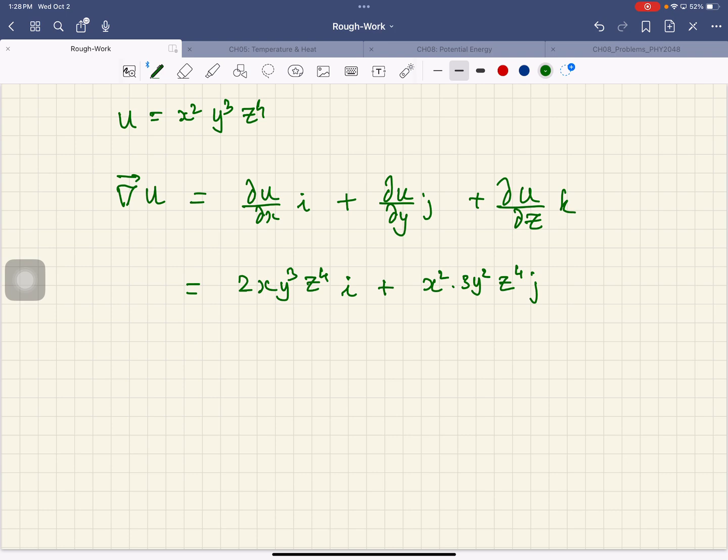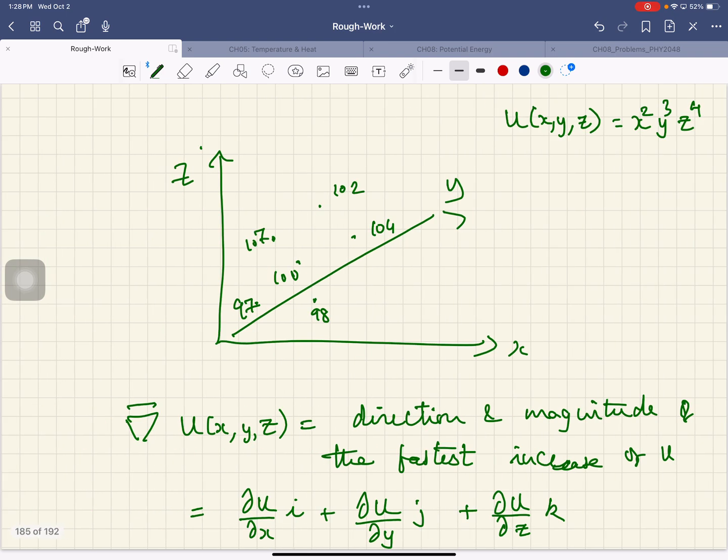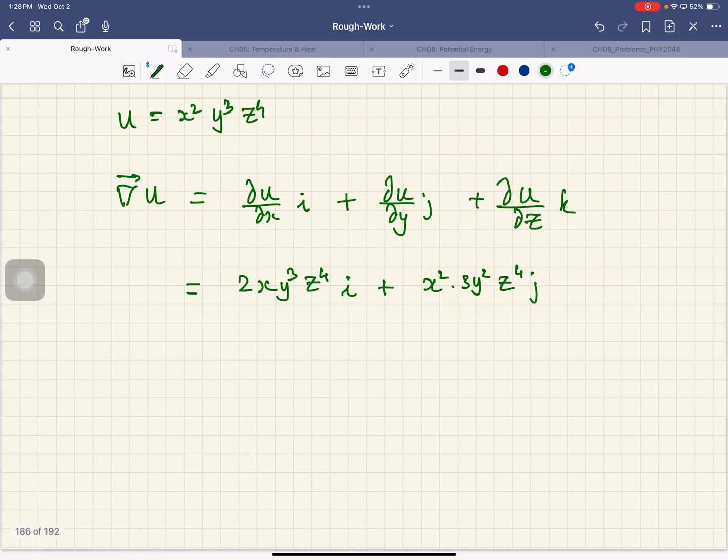Remember we said we were interested in u changing when you move parallel to the x-axis, y-axis, z-axis. So that's all you're changing. What is del u by del z? x squared times y cubed times 4z cubed. So there you go.